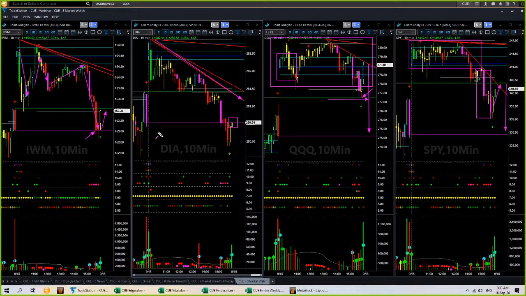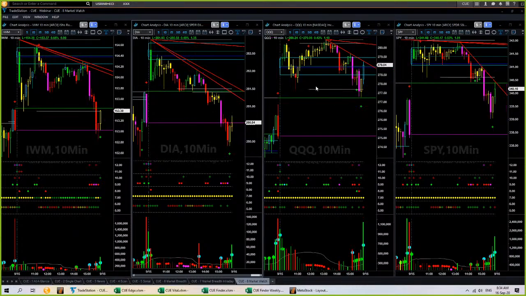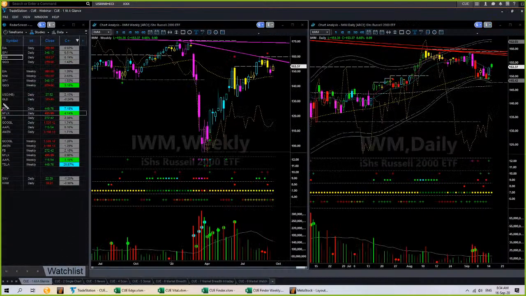So in this picture we can see that DIA was the weakest yesterday and IWM was next, SPY third, and no surprise, tech stocks were the strongest. One reason tech stocks were holding onto their gains so well was because the leading stocks went up strongly.